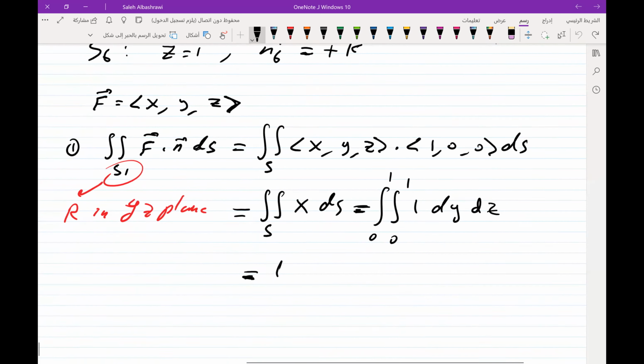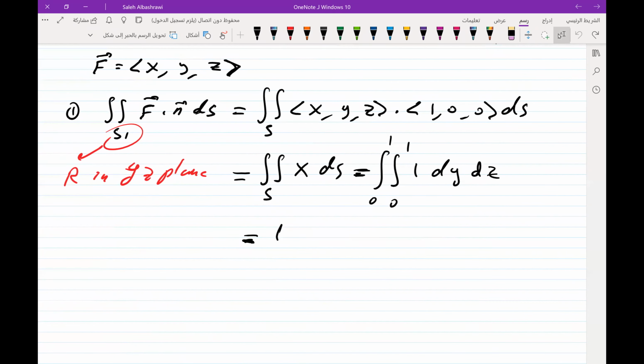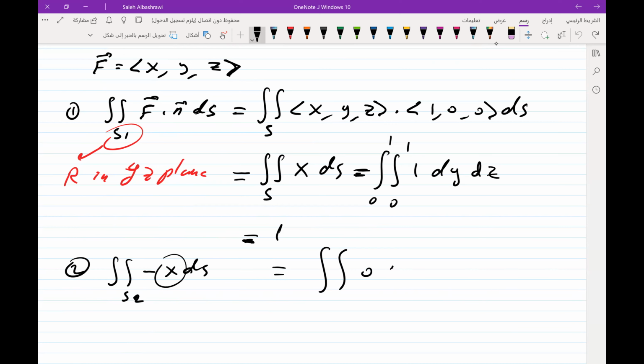For the second face, S2, x equal to 0, we'll have minus x ds, but x equal to 0, so it will be 0.